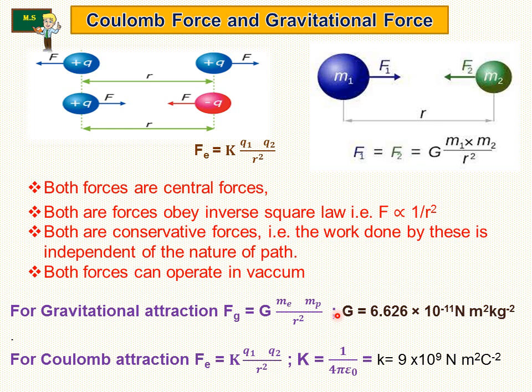Here the value of G is 6.67 into 10 to the power minus 11, and for Coulomb attraction, Fe is equal to K into Q1 Q2 divided by R square, where K is equal to 1 by 4 pi epsilon 0. Altogether it is 9 into 10 to the power 9 Newton.